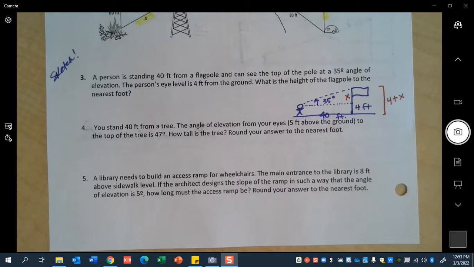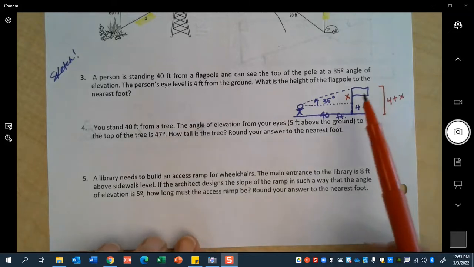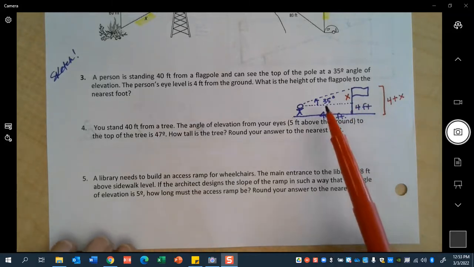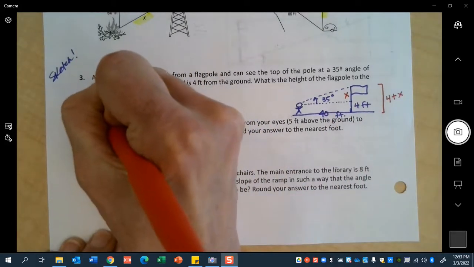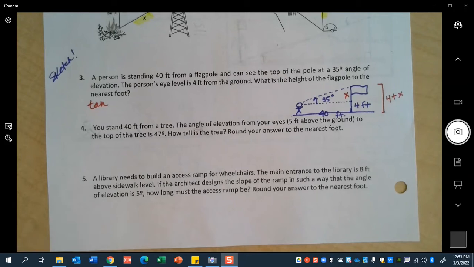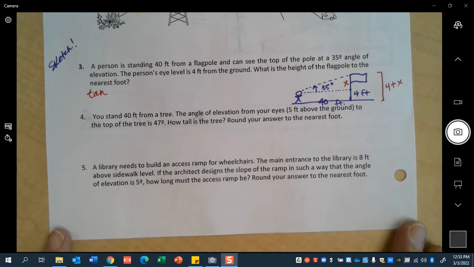So you're allowed to assign a variable for whatever it is you're solving for. I'm solving for x. Assign that variable. I'm solving for my opposite. I have my adjacent. Are you okay with this being a tangent conversation? Ready to draw your next one?